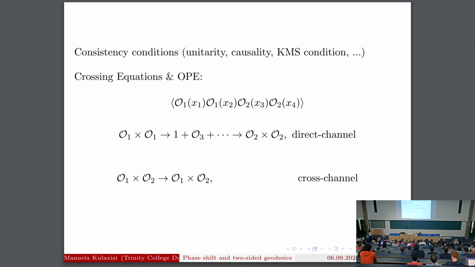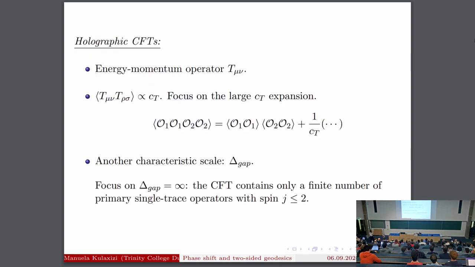I wrote here schematically a 4-point function of two pairs of identical correlators, which will mostly be the subject of my talk, and what I will loosely call the direct and cross channels. In the direct channel, we take the OPE of the same operators, and in the cross channel of the ones that are not the same.